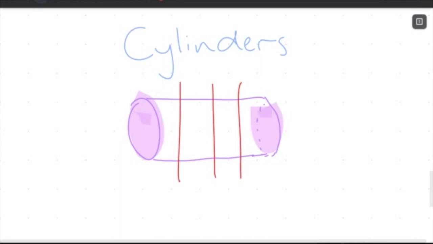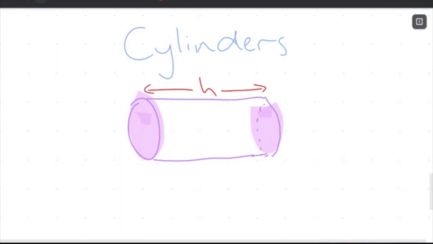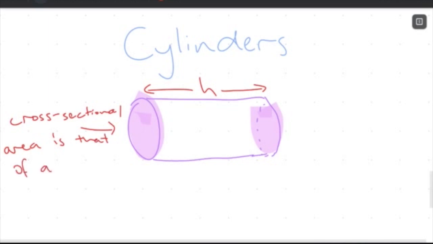So my cylinders have a circular cross section and they have some height, some distance from one identical face to the other. And the cross-sectional area is that of a circle.